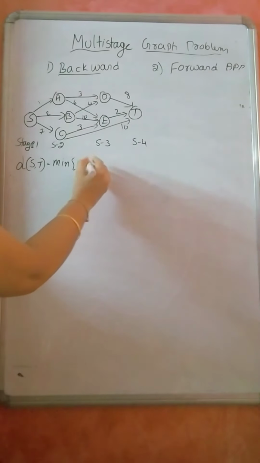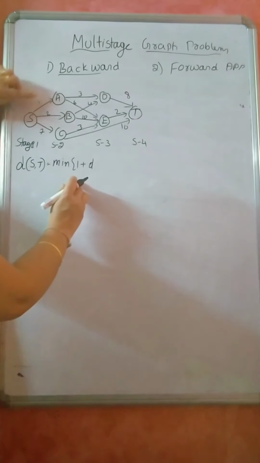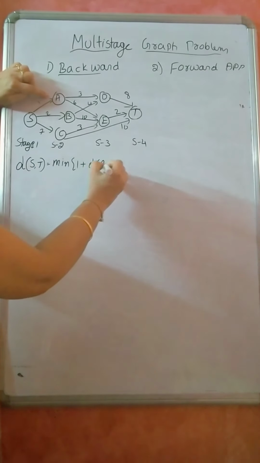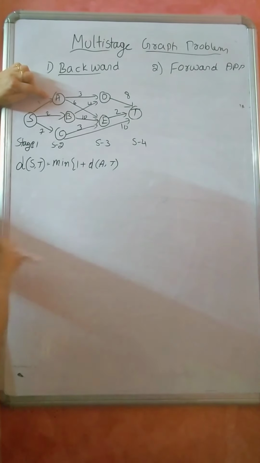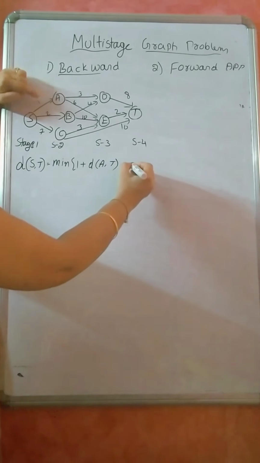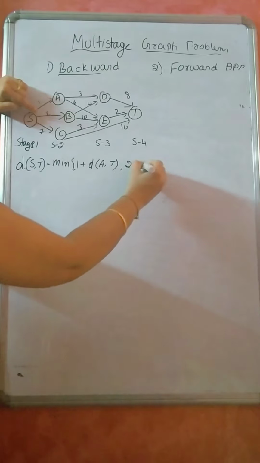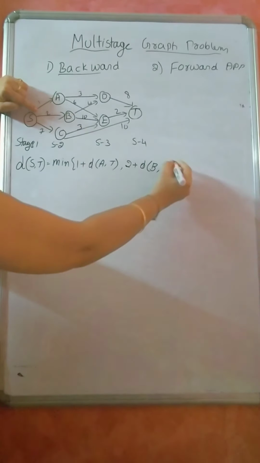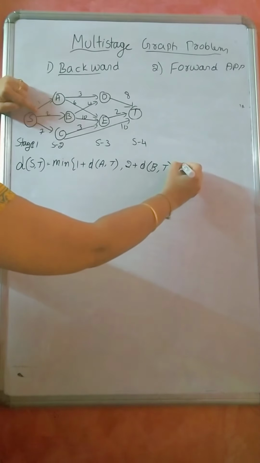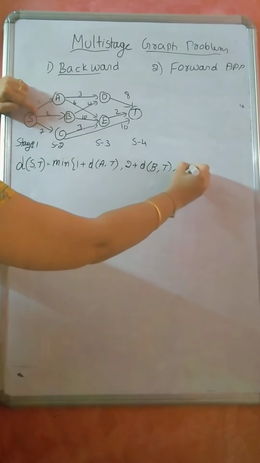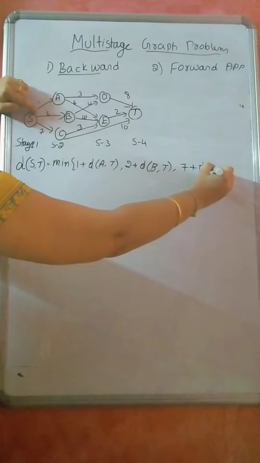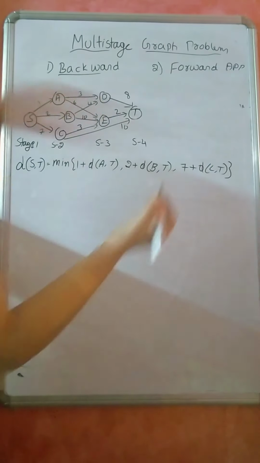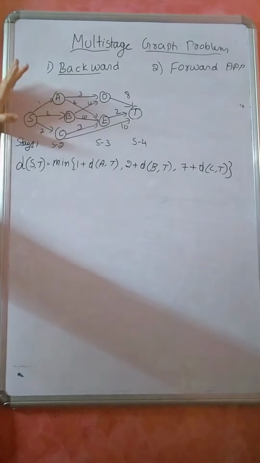So it is the minimum of 1 plus distance from A to T, then 2 plus distance from B to T, then 7 plus distance from C to T. There are three options to move from source to destination: this path, this path, and one more.